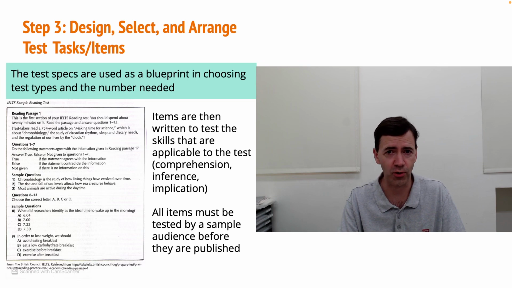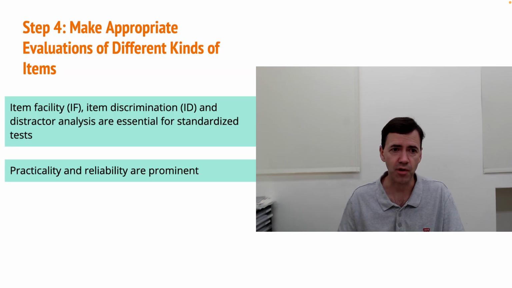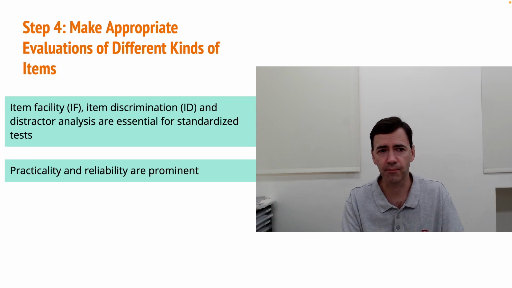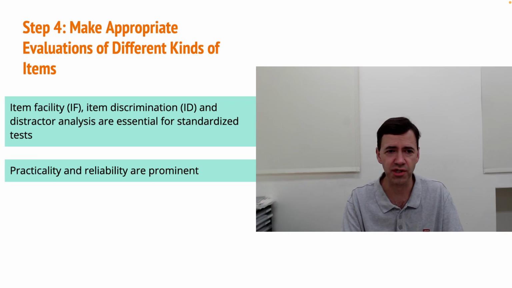Now, probably you won't give it to your students first, but you can take the test yourself, or you can ask a coworker to take your test to make sure that your items are okay. And that's what happens with these as well. Okay, then step 4, make appropriate evaluations of different kinds of items. Now, I talked about this one as well, item facility, item discrimination, and distractor analysis in previous chapters.